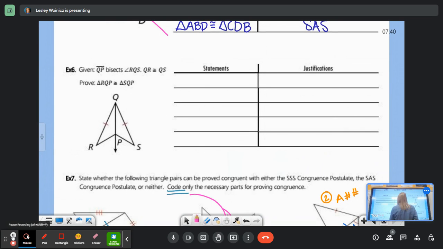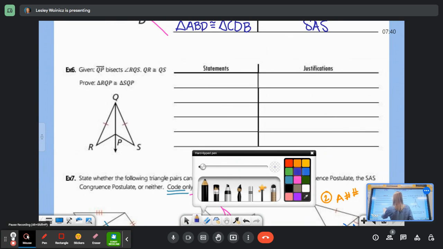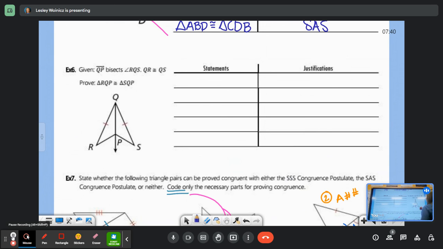Okay, here we go. So I know from my given information that segment QR is congruent to segment QS. Those are sides of my triangles. So QR is congruent to QS. That was given.